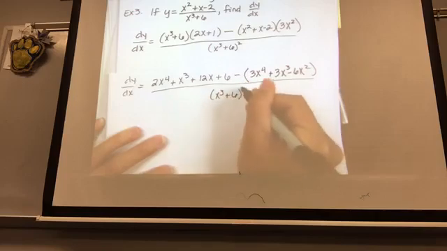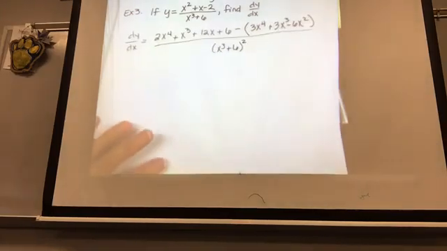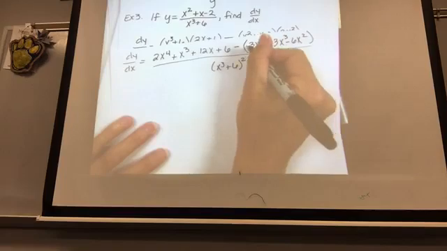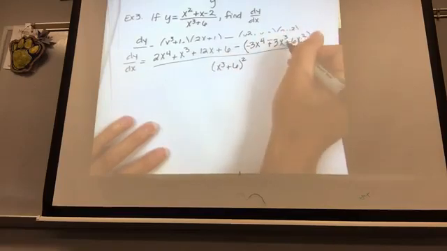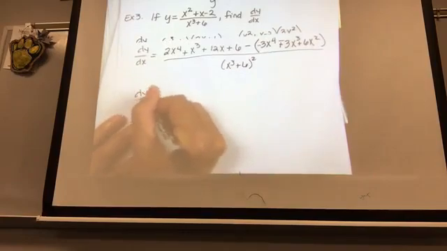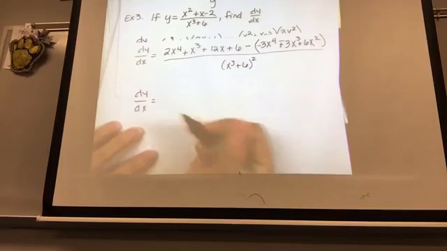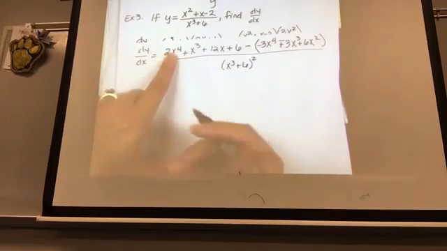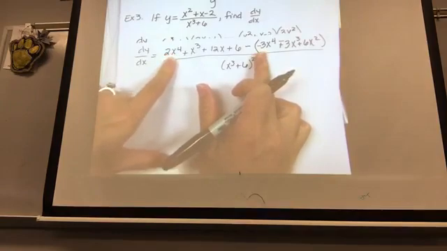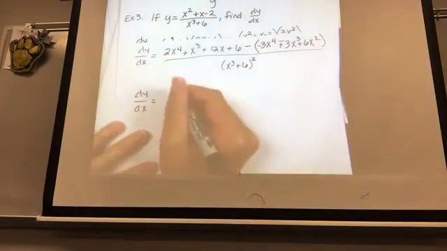I'm leaving that one like that. And then now distributing my minus sign would make this a minus, and a plus. And now I can combine like terms. So dy over dx will equal, I have 2x to the 4th minus 3x to the 4th, so negative x to the 4th.